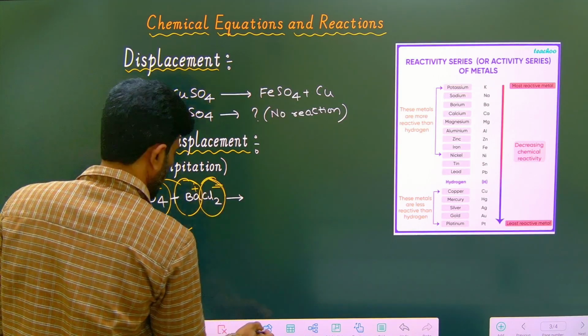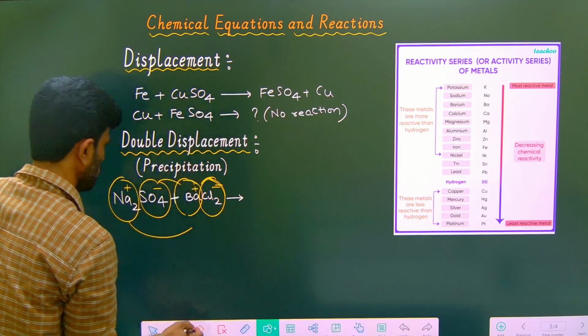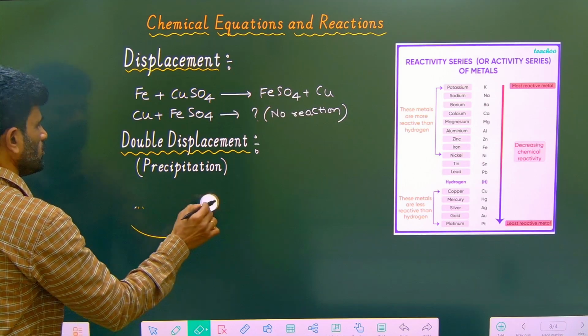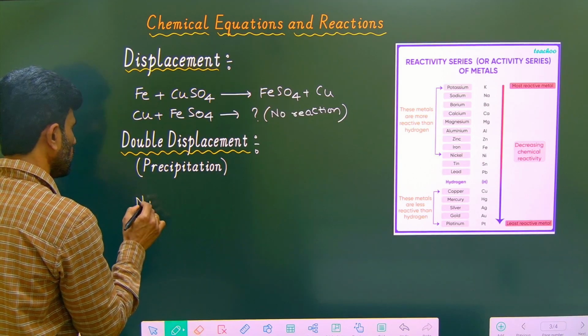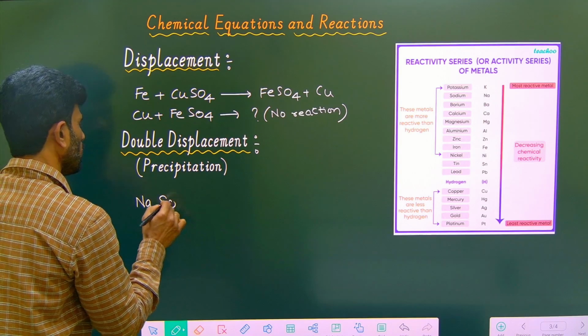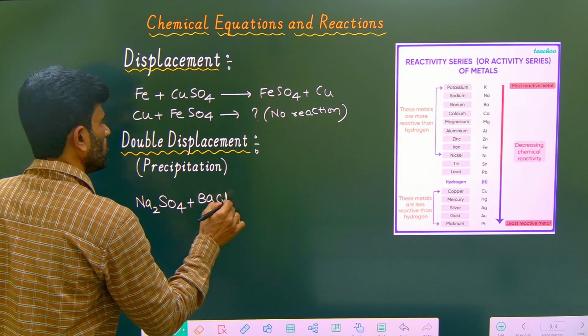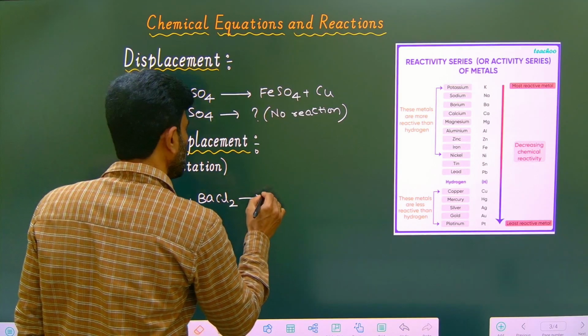So I am writing again. I am taking two salts, Na2SO4 plus BaCl2 gives rise to, what happens here?